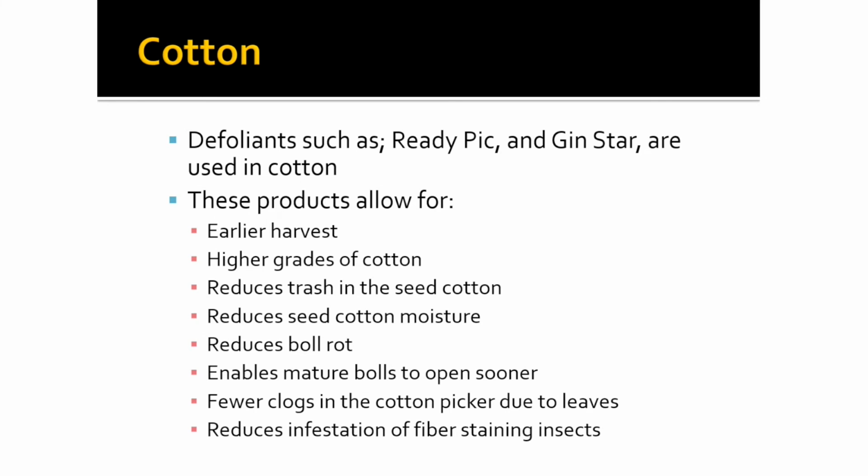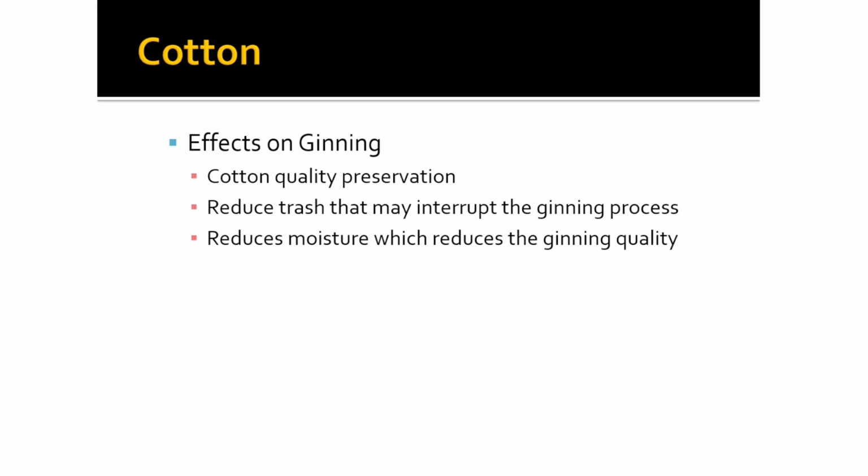It also means fewer cogs in the cotton picker and reduces infestation of insects. For ginning and cotton quality preservation, it reduces trash that may interrupt the ginning process, and reduces moisture, which reduces ginning problems.